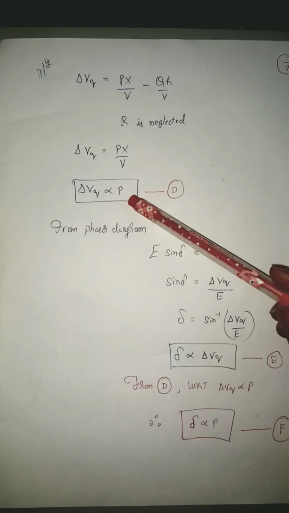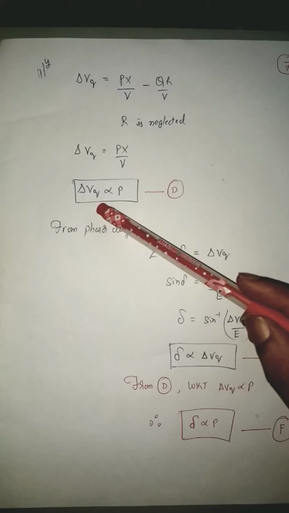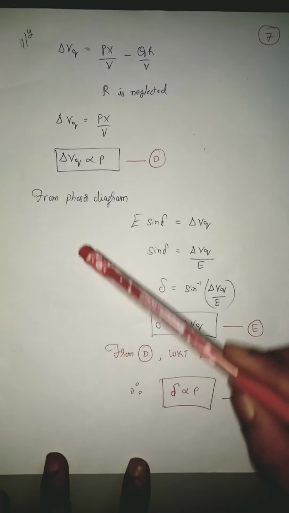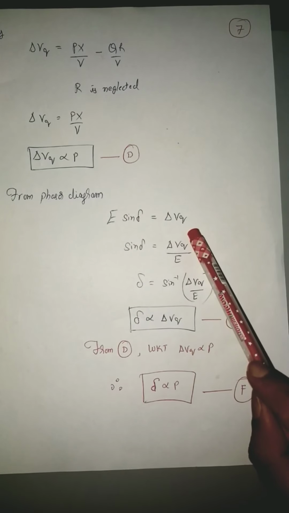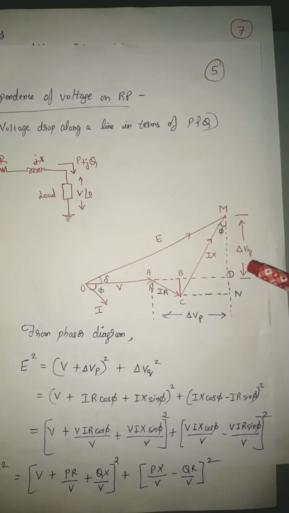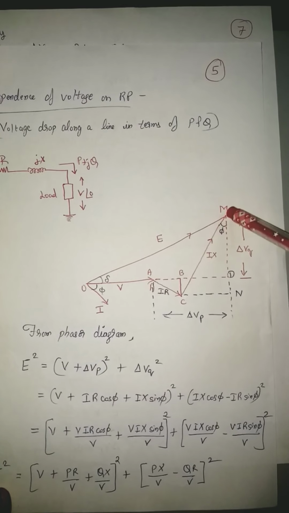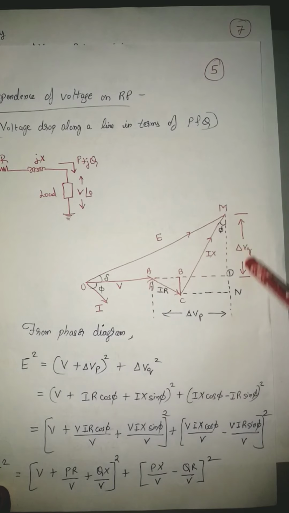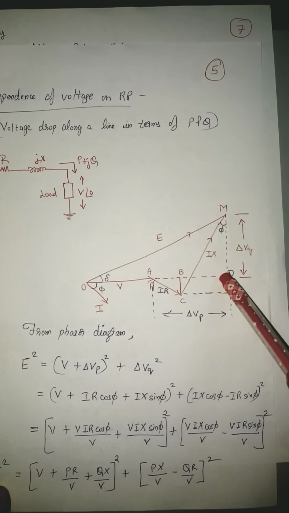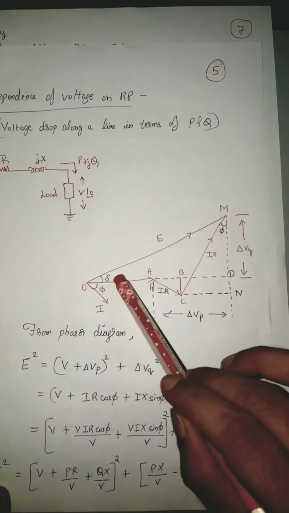Now let us see how this delta VQ relates to active power imbalance. From the phasor diagram, E sin delta is equal to delta VQ. Coming to the first sheet, this is delta VQ. I'm talking about the triangle ODM. E is the hypotenuse, this is the opposite component, this is the adjacent component. You can represent delta VQ as E sin delta.